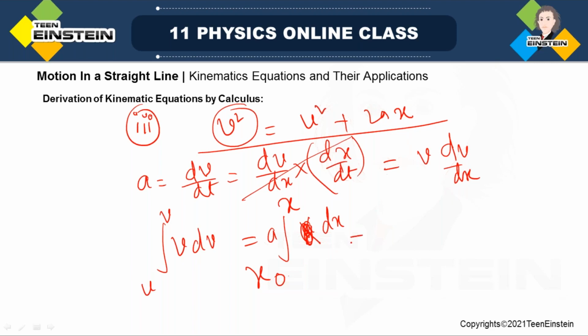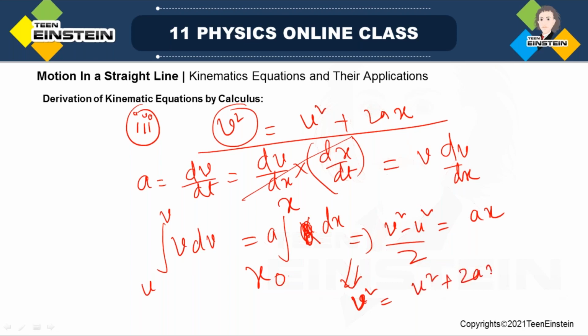If I integrate it, what I get is v square minus u square over 2 is equal to a into x. From here, v square is equal to u square plus 2ax.